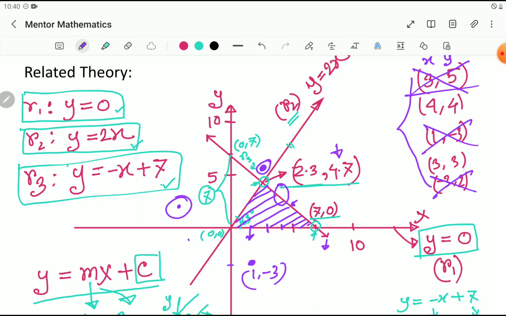And 3, 3. This is interesting, where this point lies.